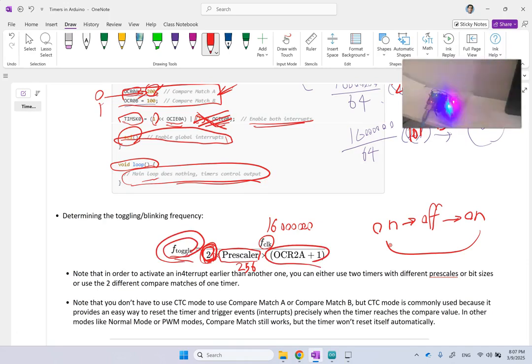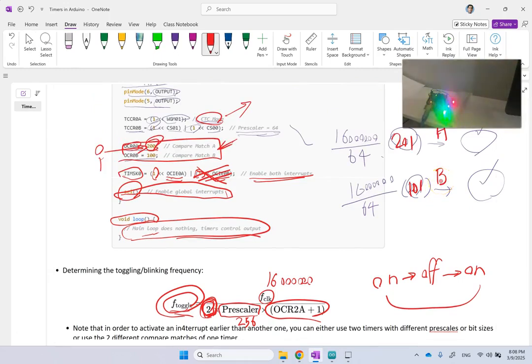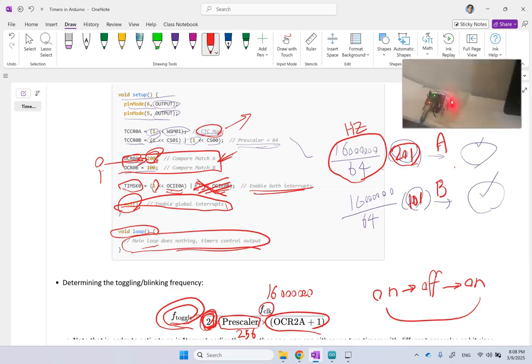Okay, this is the beautiful part. Now here you might say, why did you multiply here? Why didn't you divide? You are right, because here I'm actually mixing stuff in this case. This part here is actually in frequency, this is in hertz. This part here is the number of pulses you count, in order to get basically time.